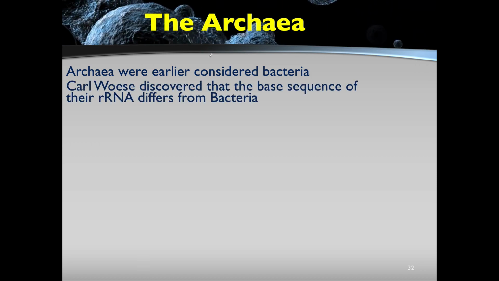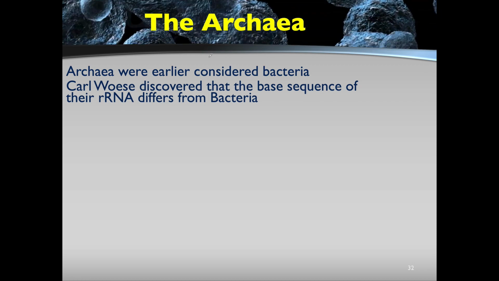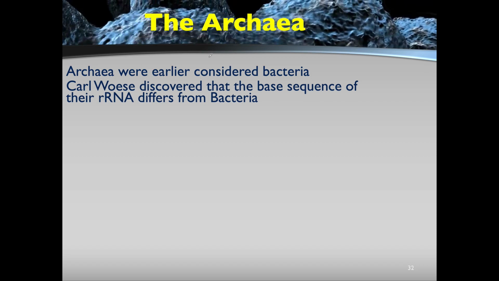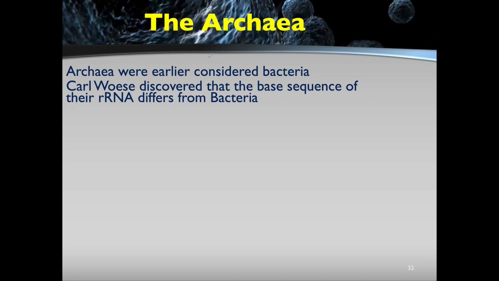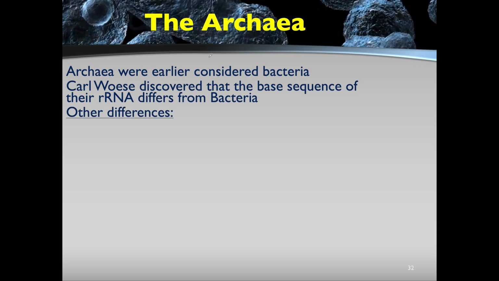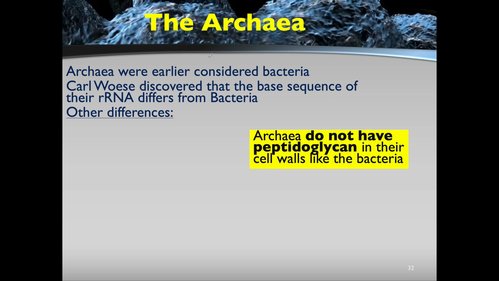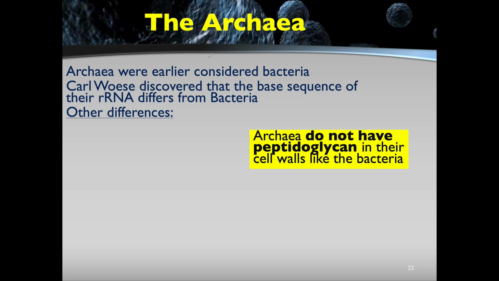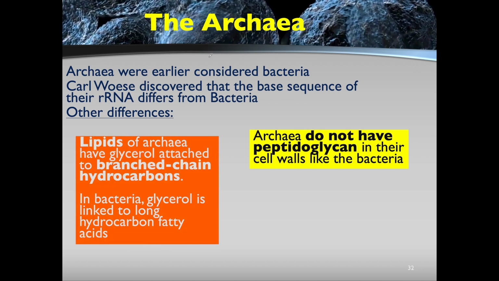But in the 1970s, a man named Carl Woese discovered that the base sequences of their rRNA differs from that of bacteria. So it doesn't seem like a big deal, a little bit of rRNA, but we also found out that there were some other differences the more we took a look at them. For example, if we looked at their cell walls, we noticed that archaeans do not have peptidoglycan in those cell walls like we saw in most of the bacteria.